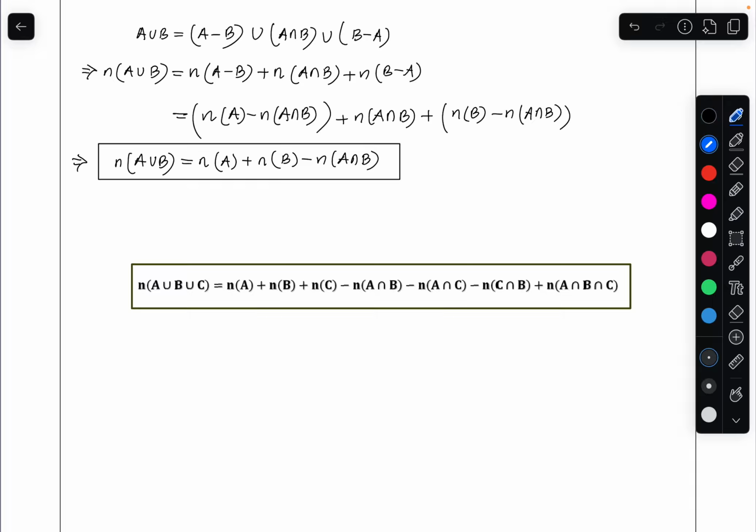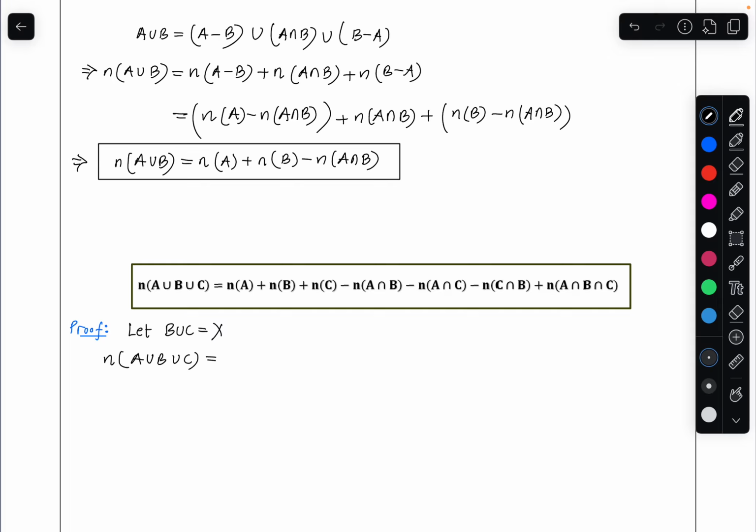So let me start. I'll start by taking this B union C as a single entity. Let me call it X. So I want the number of elements in A union B union C. I already know the operation of union is associative and commutative as well.